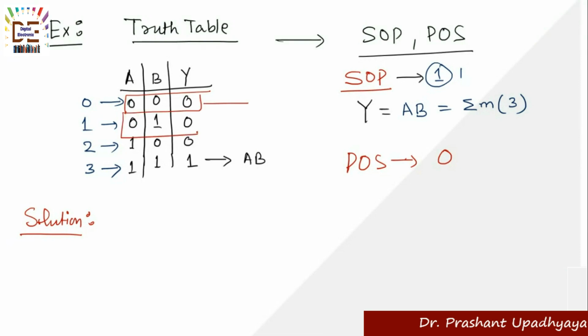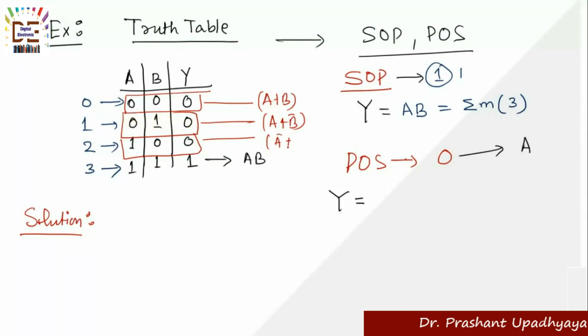That means I will take this answer, this answer, and this answer. So what will be my Y? Whenever we are representing 0, it will be represented by A. So this expression will be your A plus B. This will be equal to your A plus B bar, and this will be equal to A bar plus B.